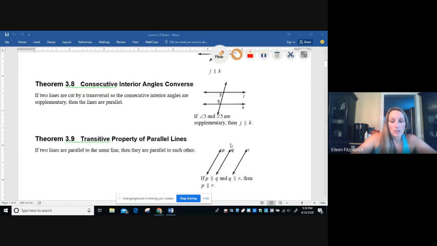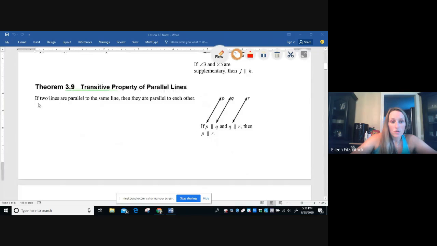And then this last theorem here says that if two lines are parallel to the same line, then they are parallel to each other. Okay, so you can see over here it says if line P is parallel to Q, and if line Q is parallel to R, then we're allowed to conclude that P is parallel to R. So if two lines are parallel to a third, then all three lines are parallel, basically, okay?